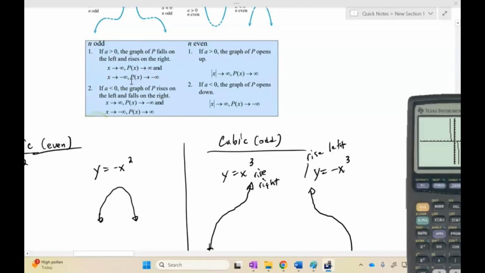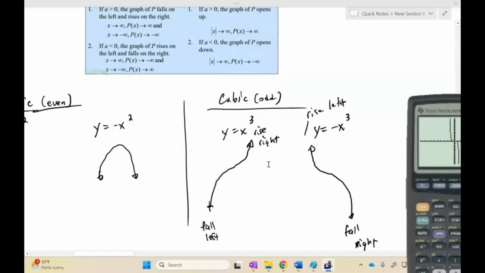This says as x approaches negative infinity, that means as x gets smaller and smaller. So if this is on an x and a y axis and I'm going this way on x, then p of x, which is the y value, gets smaller and smaller.